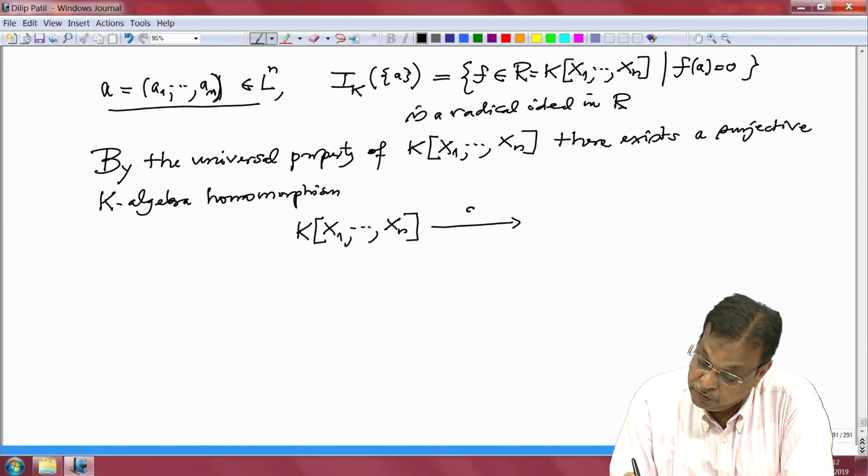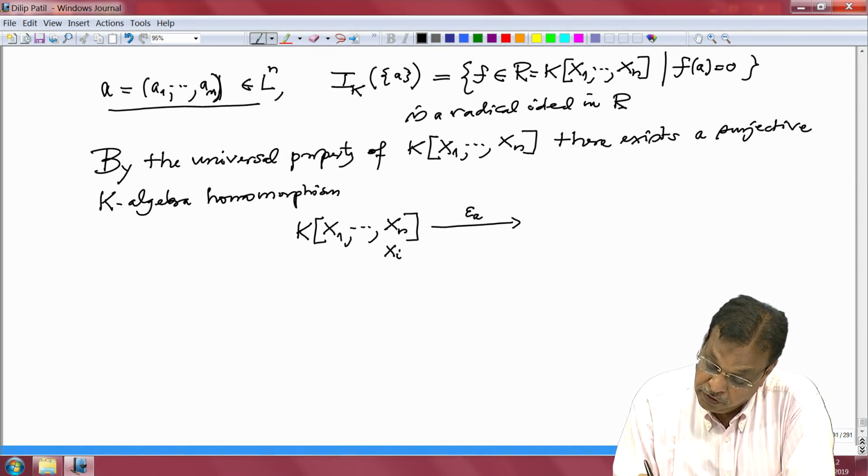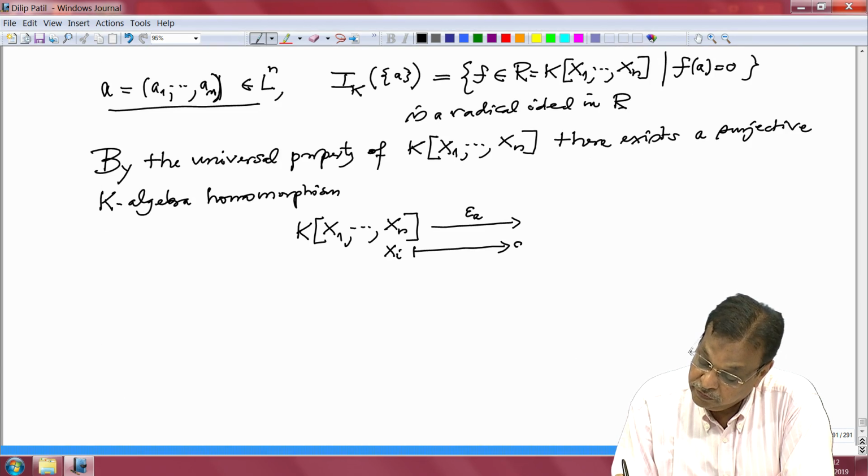I will write it epsilon_a, since it depends on this a. So x_i goes to a_i for all i equal to 1 to n.